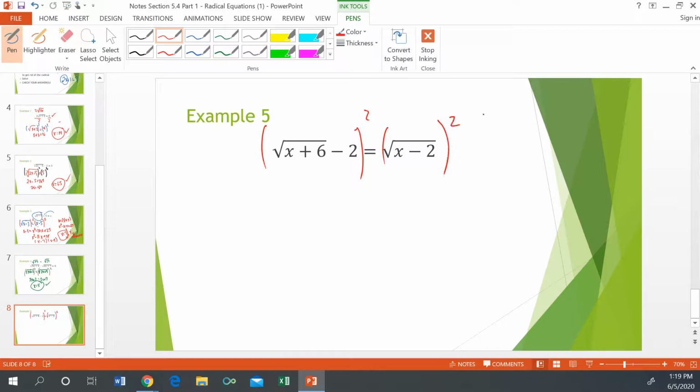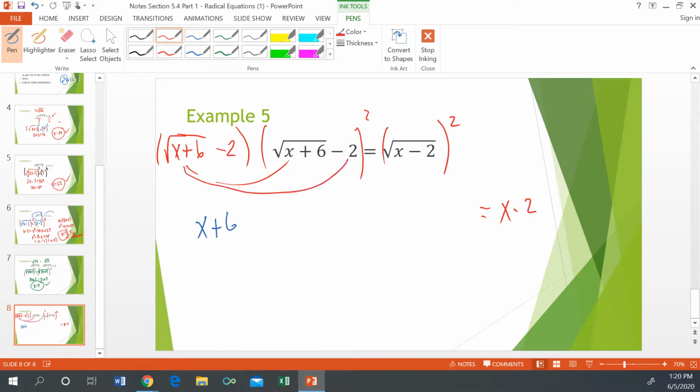Obviously, this left side is pretty simple. Now, over here, to help you remember, when you're squaring something, you're multiplying it by itself. So we take this and multiply it with that. The square root of x plus 6 times itself is just x plus 6.